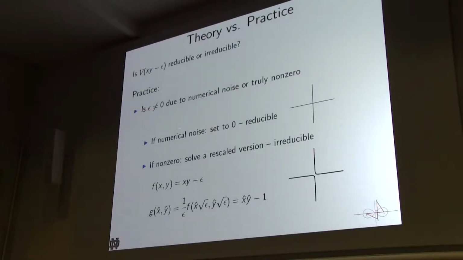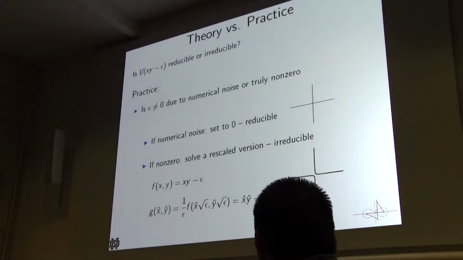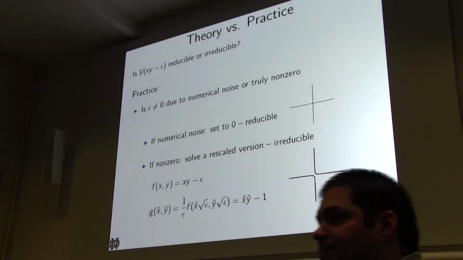So if my parameter epsilon is non-zero, is it non-zero because of numerical error, or is it truly a non-zero number? So this is where the user has to know these kinds of things. If it's non-zero because of numerical noise, well then you just set it to 0 and it becomes reducible. Now it's a well-posed problem.